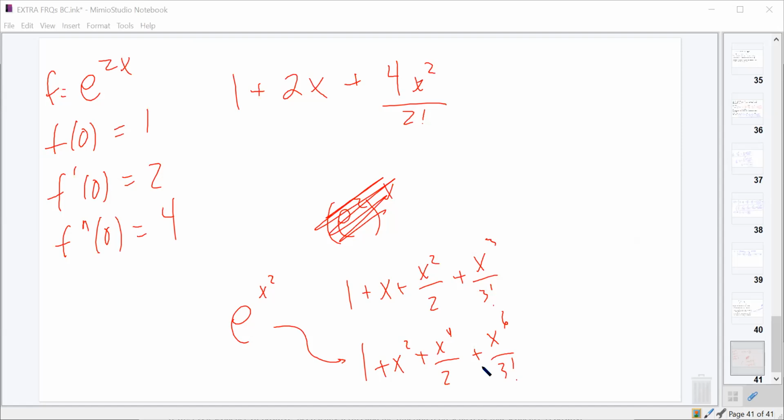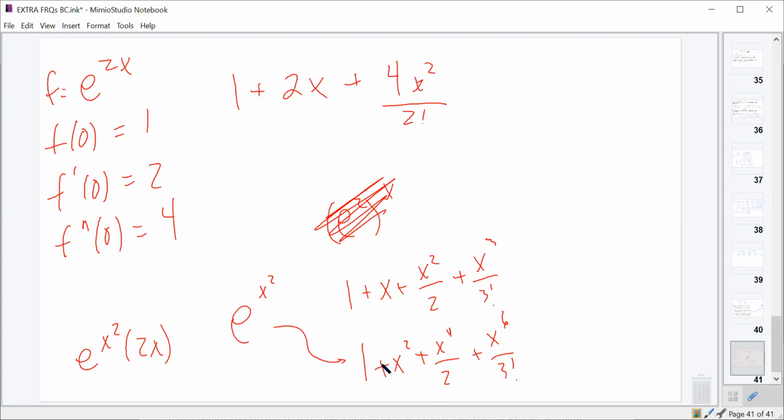That is perfectly fine. You could also do e to the x squared by taking the derivatives. e to the 0 would be 1, and then the first derivative of this would be e to the x squared times 2x, which if you evaluate that at 0 is just going to give you 0, because I have an x term there.